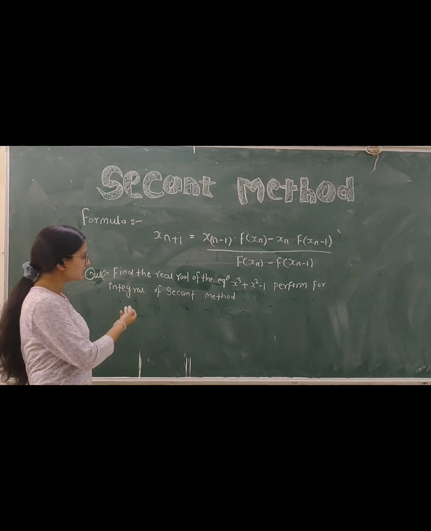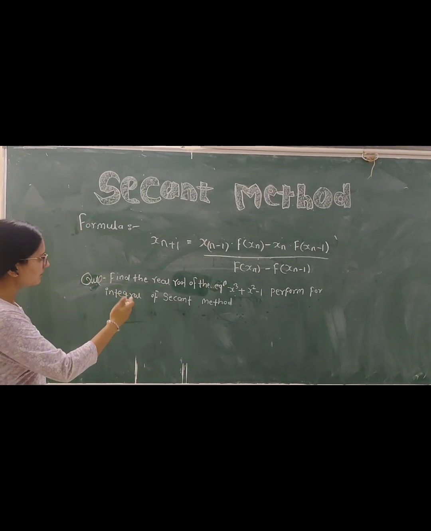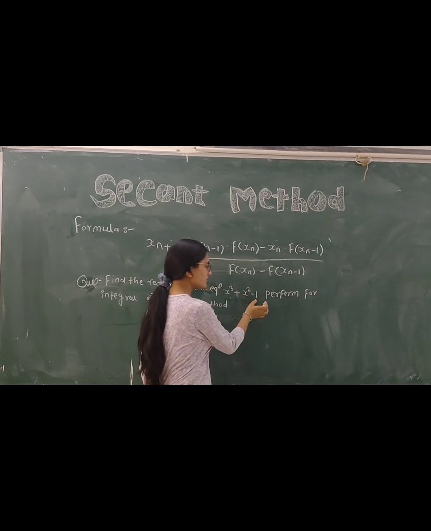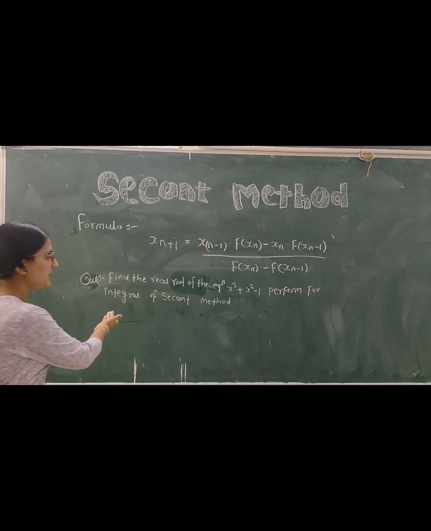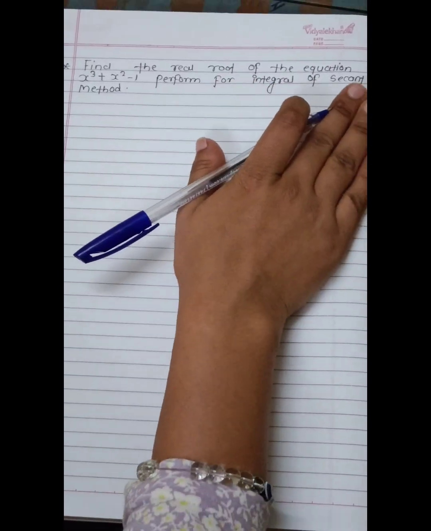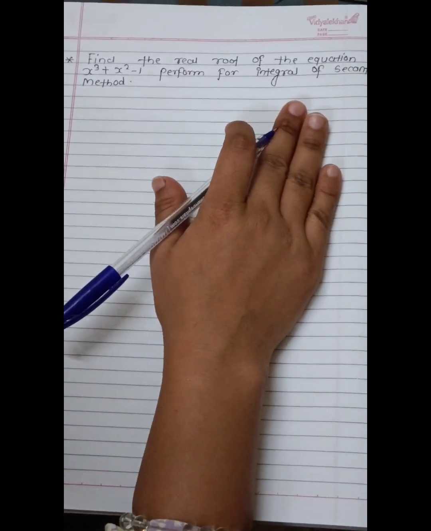So here is a question. Find the real root of the equation x cube plus x square minus 1 using the secant method. Now we continue with this same question. So let's see.